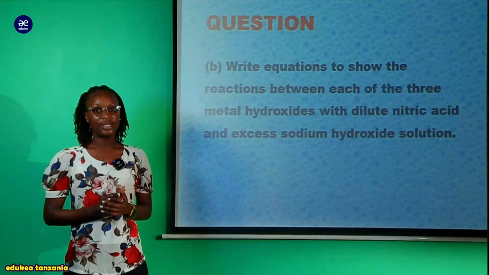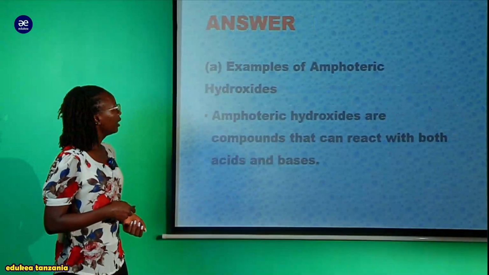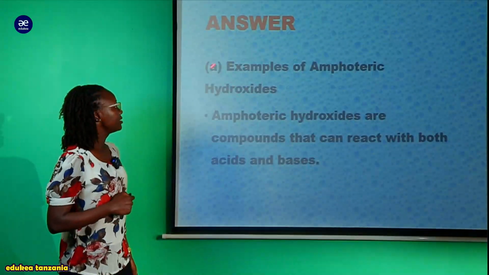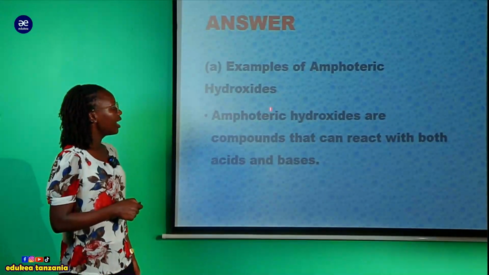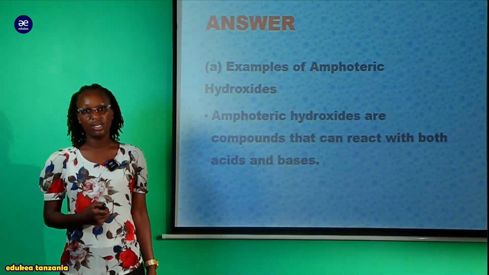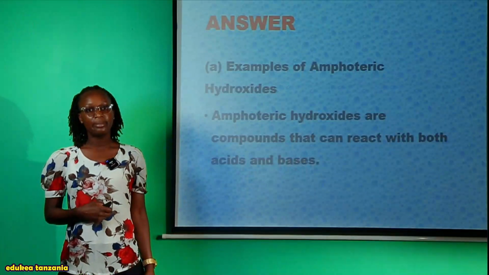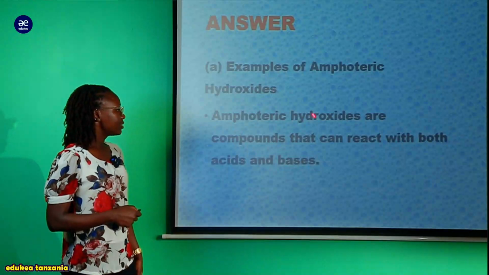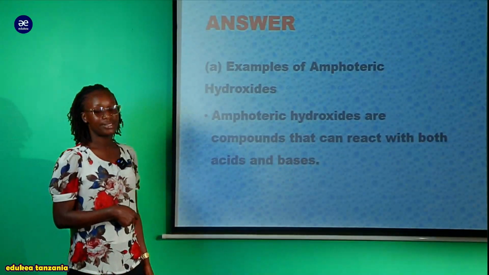Now my online students, let us go through our responses. In our response, we are going to start with part A, whereby we are required to provide examples of amphoteric hydroxides. To remind yourself, what is amphoteric? When we talk about amphoteric, what does it mean? Amphoteric hydroxides are compounds that can react with both acids and bases.